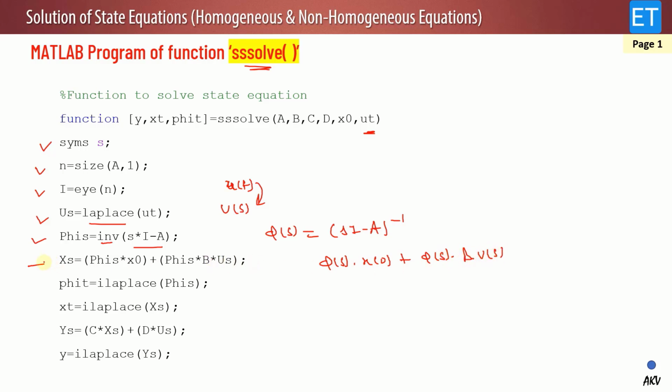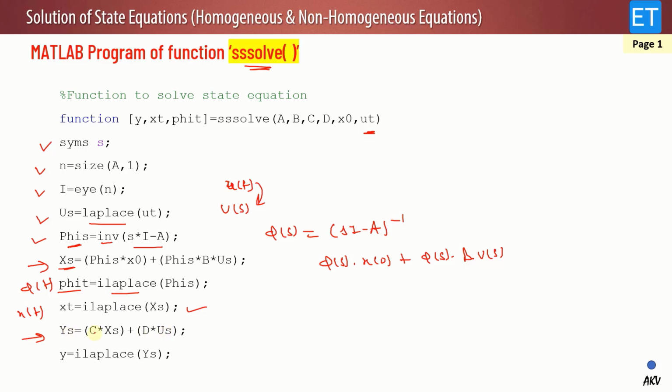That equation 3 is written here. Taking the inverse Laplace of phi(s), you will get phi(t) here, and then taking the inverse Laplace of X(s) in this code, you get x(t).